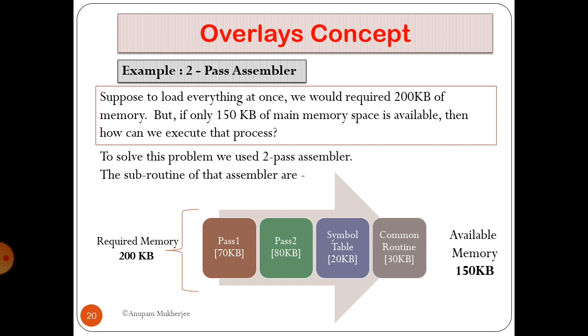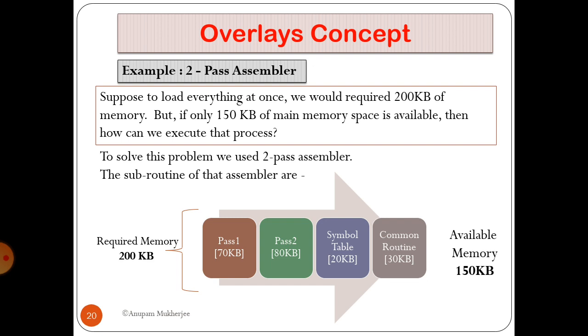We can solve this by using a two-pass assembler, where we subdivide the main program into two subparts, called pass 1 and pass 2. The size of pass 1 is say 70 KB and the size of pass 2 is say 80 KB.